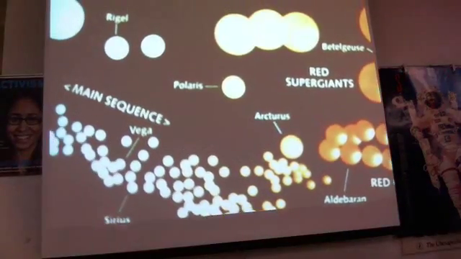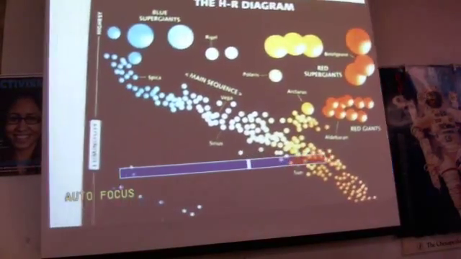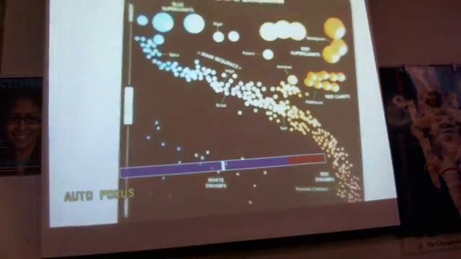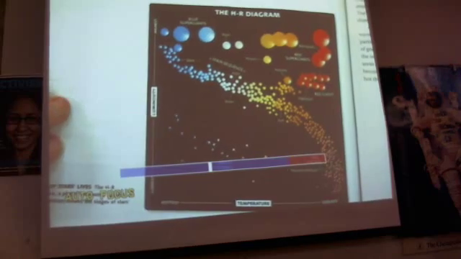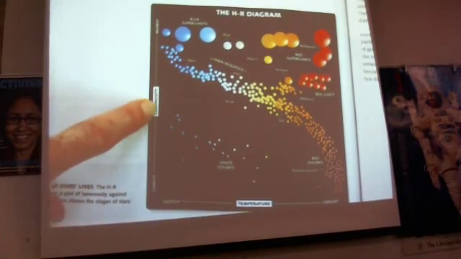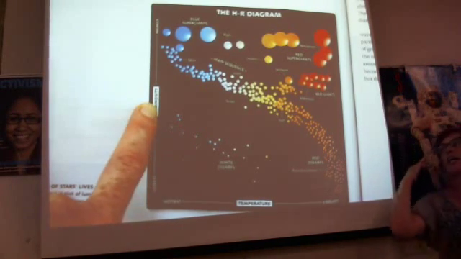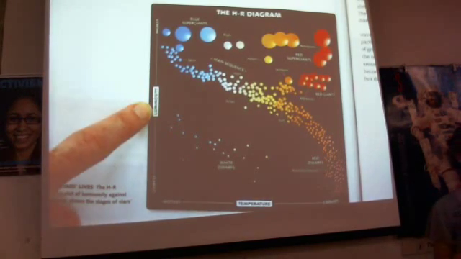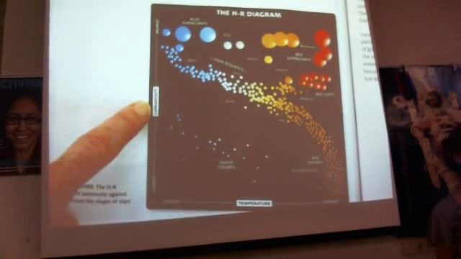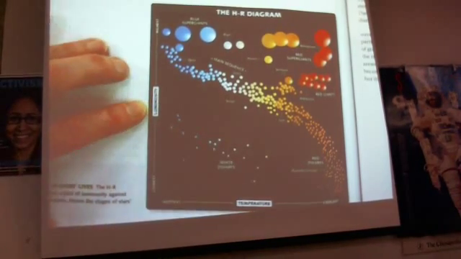All right, when you're looking at this diagram, this is a whole bunch of stars, and they plot them out according to luminosity, which is the brightness of light. The energy emitted from the light is measured in lumens. If you see luminosity, it's the same as brightness. The more bright something is, the more luminous it is.